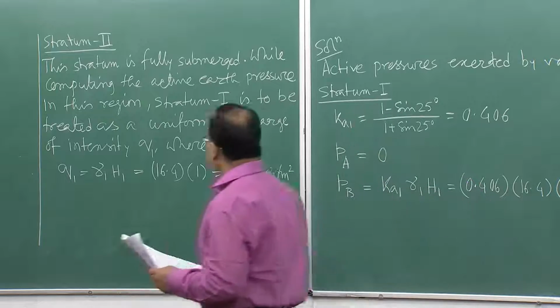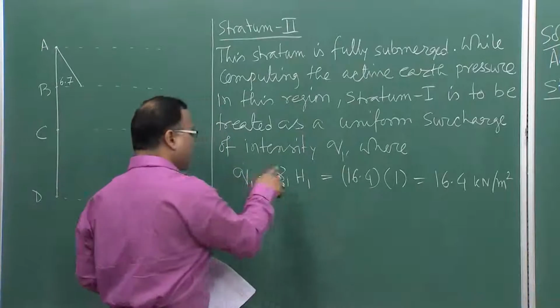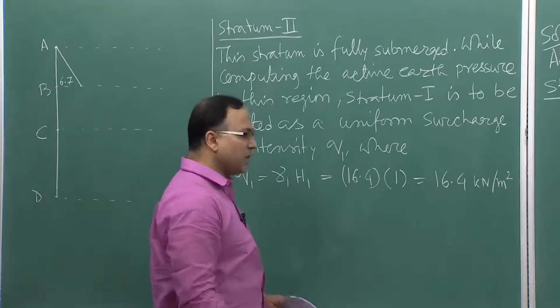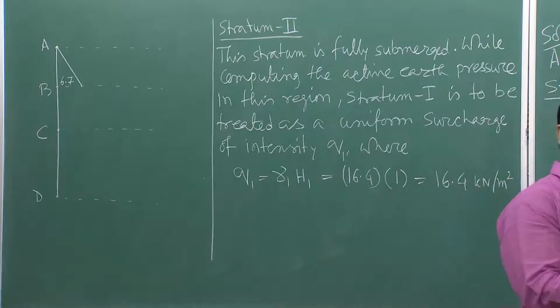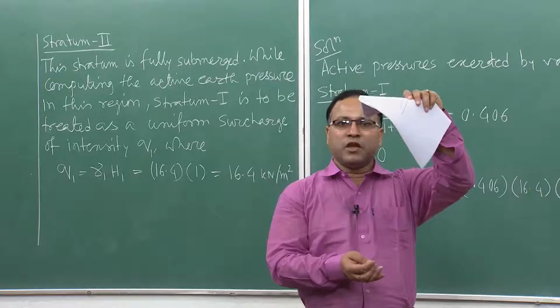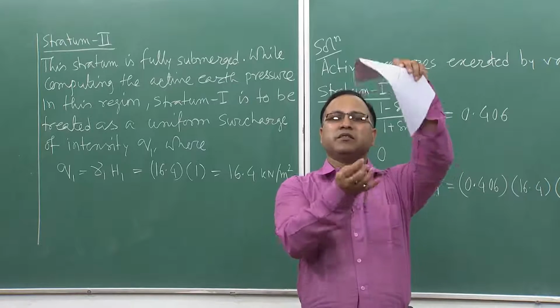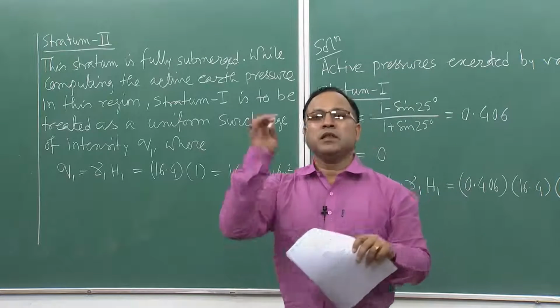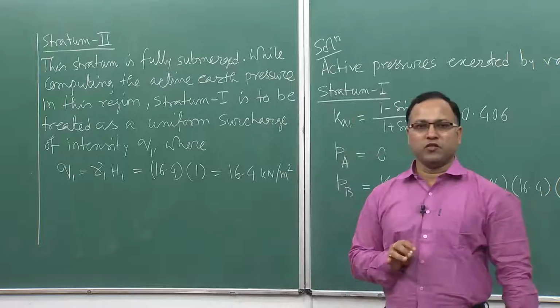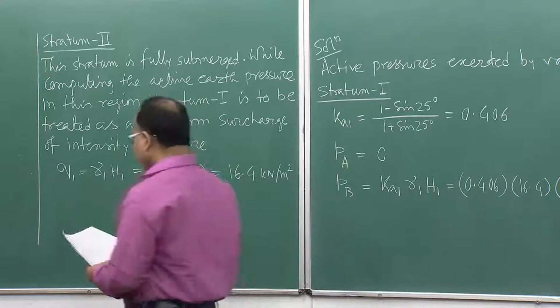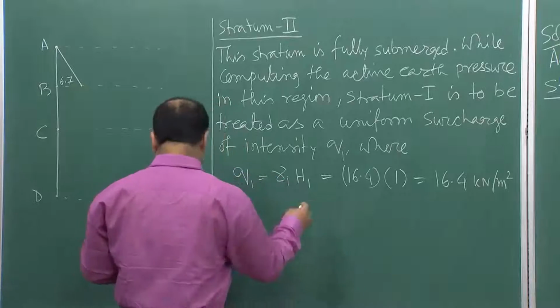So, that Q1, that uniform surcharge, is nothing but gamma 1 into H1, that is the total depth of stratum 1 lying over stratum 2. That will be considered as surcharge, and that is given by 16.4 kilonewton per meter square.